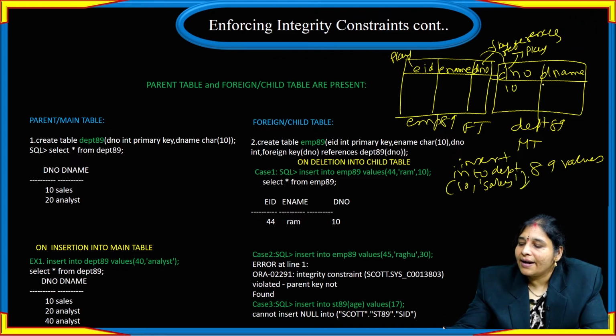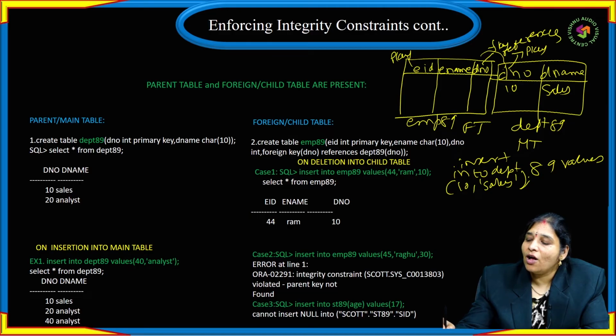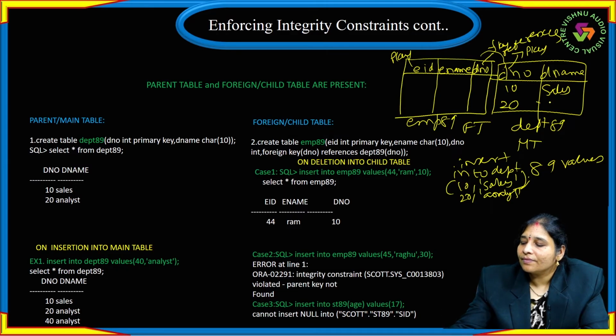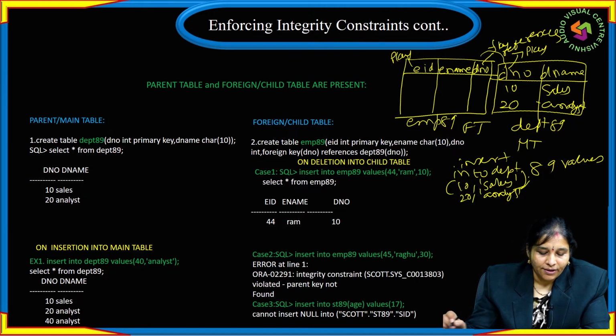I have entered 10, sales. Similarly, I create one more row using the same insertion statement with 20, analyst. So now there are two departments, 10 and 20.